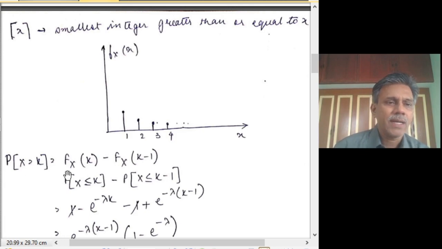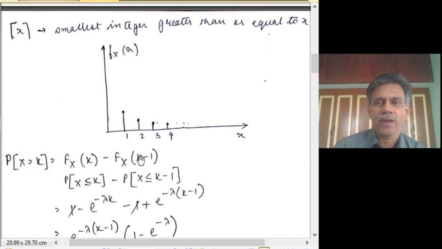Okay. So that will happen from F_X of k, you have to subtract F_X of k minus 1. So whenever x takes any value between just above k minus 1 all the way up to k, then ceil of x will be equal to k.